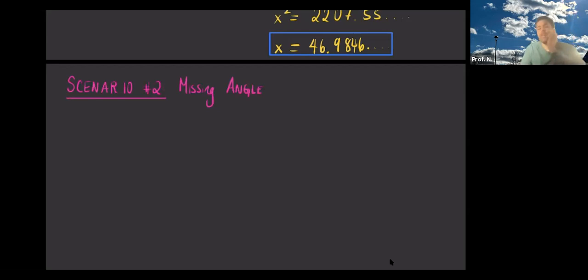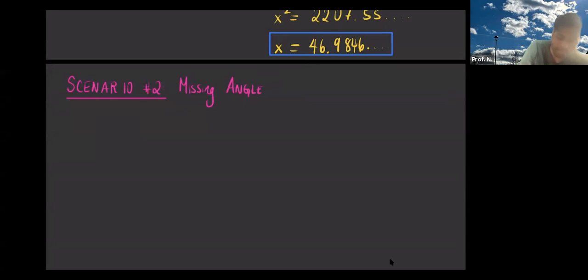So this is scenario number 2. Scenario number 2 is when you have a missing angle. So when you have a missing side, that's the easier version. When you have a missing angle, that's when you do a bit more.